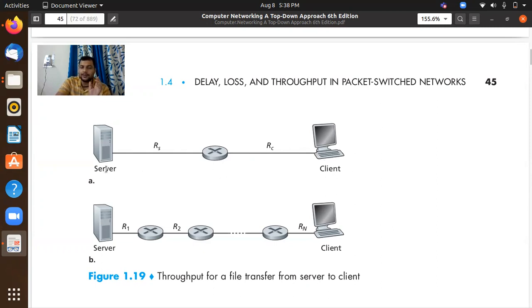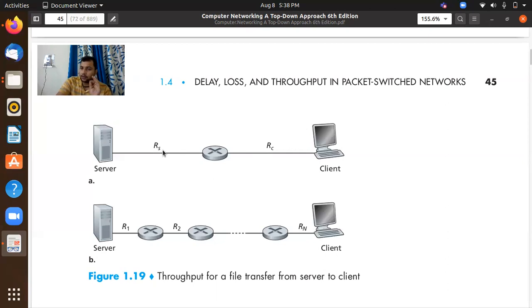But here between server and client, there are two links. So obviously the average throughput will hit a ceiling, where the ceiling is defined by the equation: the minimum of RS and RC.